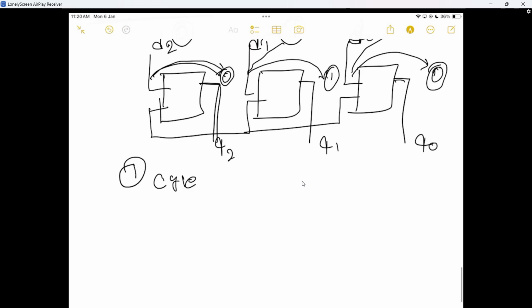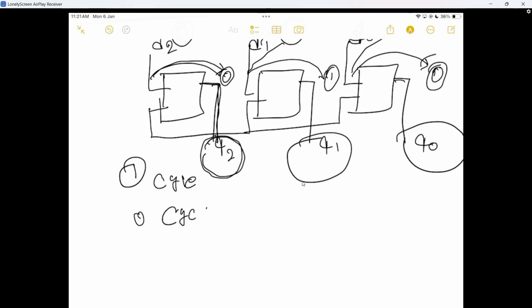But when it comes to retrieving or accessing the data, it takes zero cycles, just because the data is already present. If we try to read from this, we'll get 0 here, 1 here, and 0. So zero cycles for retrieval.